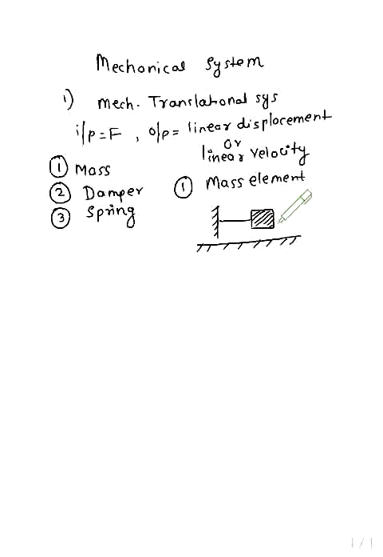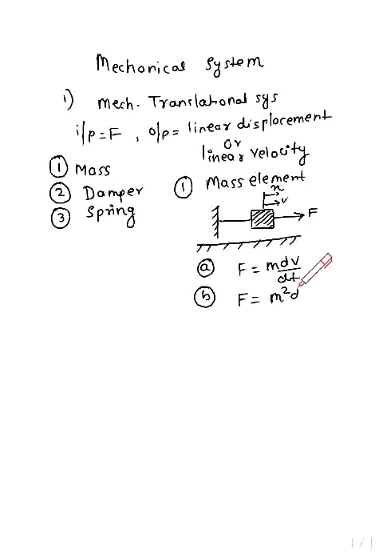In the mass element we can make a diagram here for the mass. There is a mass and force is acting towards the right-hand side, and displacement and velocity are also present here. So we will find out the force equation of mass in two conditions.